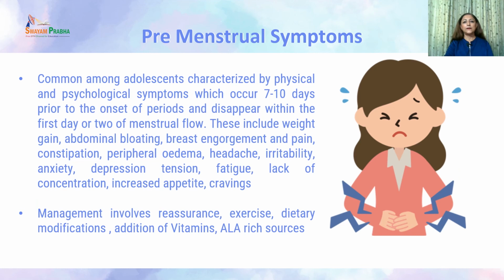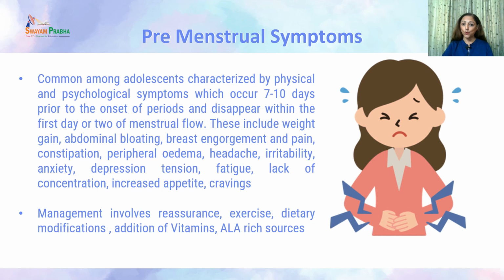Another problem could be premenstrual symptoms. They are common among adolescents, and are characterized by physical and psychological symptoms which occur 7 to 10 days prior to the onset of periods, and they disappear within the first day or 2 days of menstrual flow.